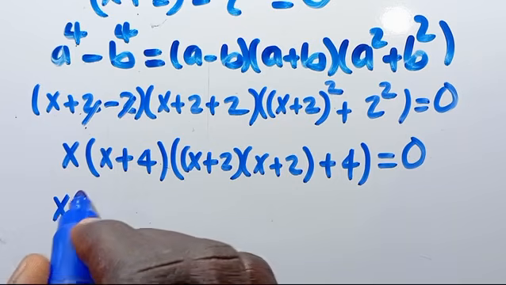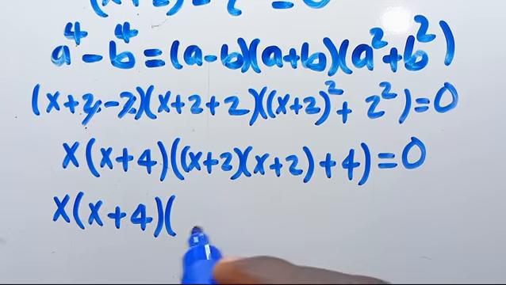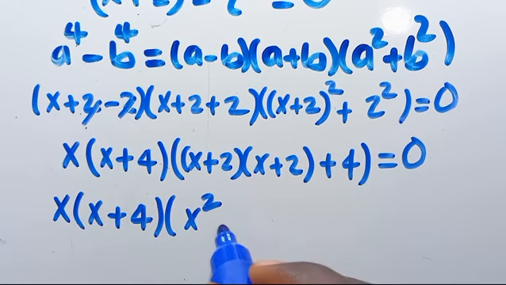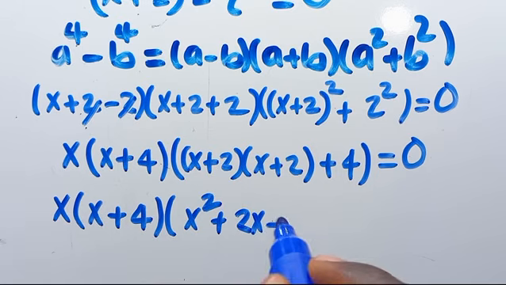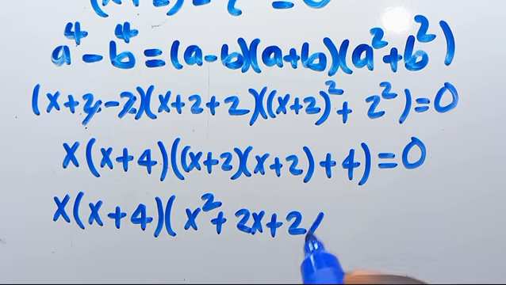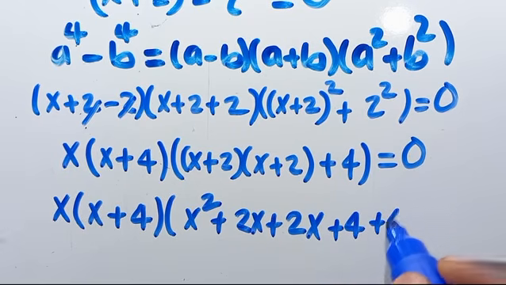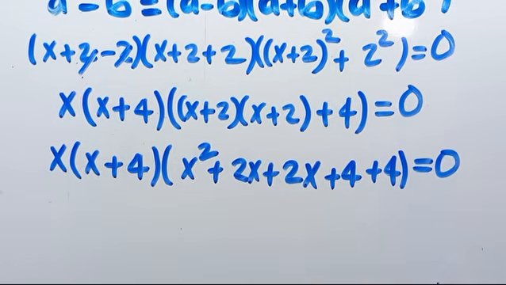We have x times (x plus 4), and x times x will be x squared. X times 2 will be 2x. This time this will be 2x. 2 times 2 will be 4, plus 4 equals 0.